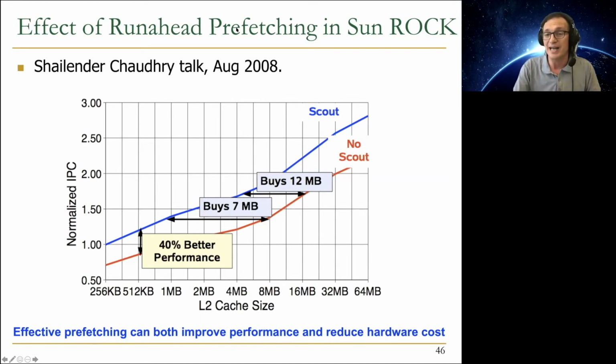If you actually do Runahead prefetching, you can reduce your cache size to only 1 megabyte because your prefetcher is effective in bringing data into your cache accurately, such that with a prefetcher, you can afford to have only a 1 megabyte cache while getting the performance of an 8 megabyte cache without the prefetcher.